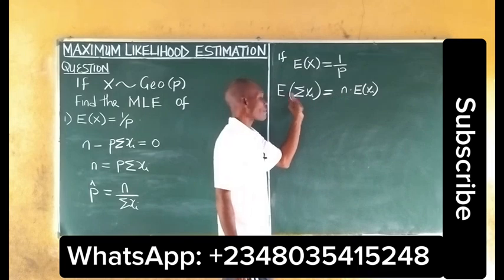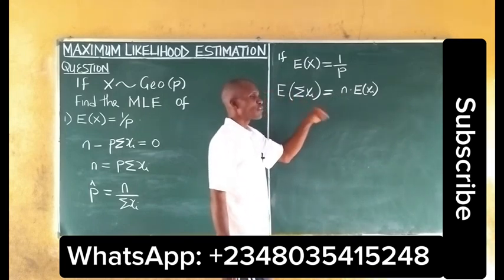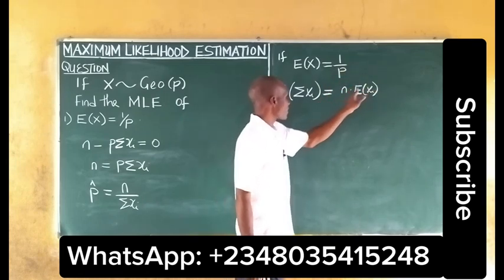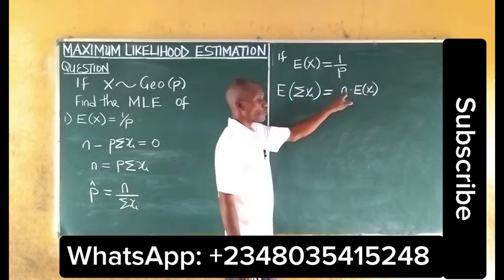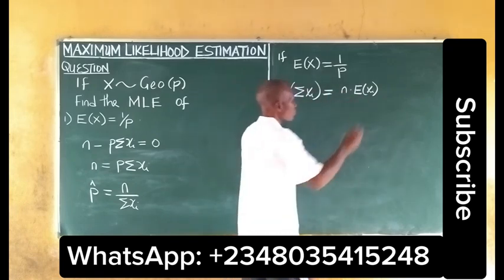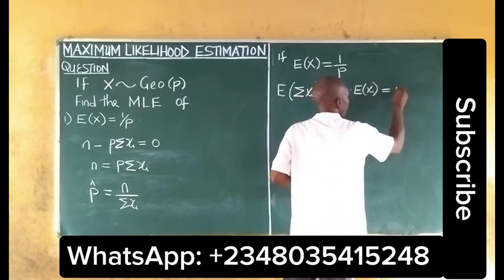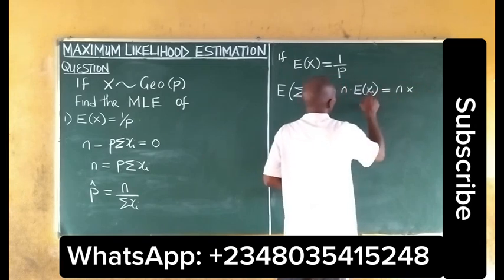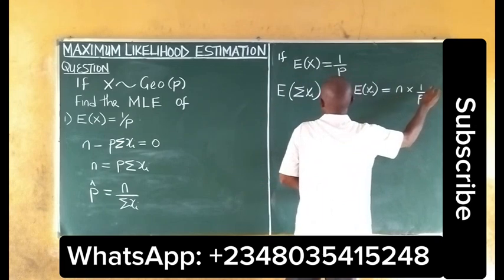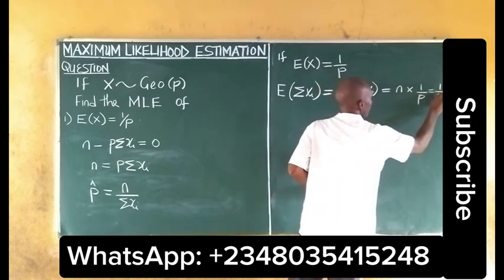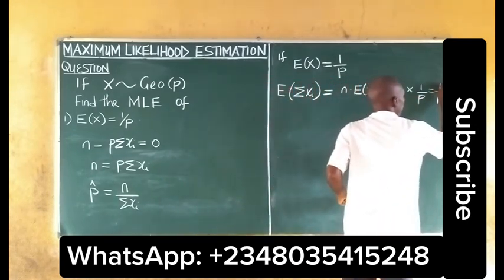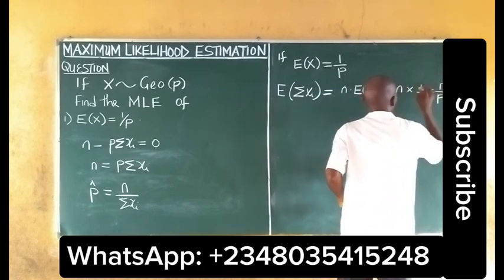If you're summing a constant, then you get n times that constant. That is why this summation sign has to turn to n multiplied by the expected value of xi. So this gives n multiplied by 1 all over p, which is equal to n all over p.